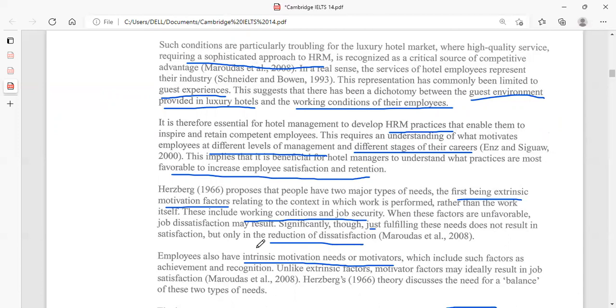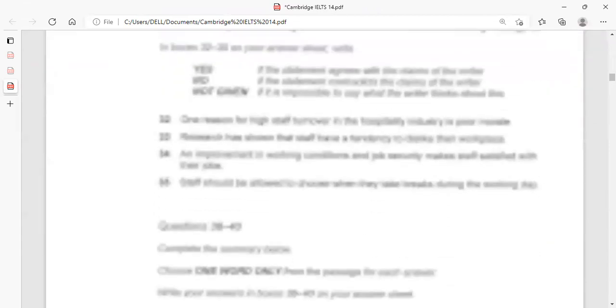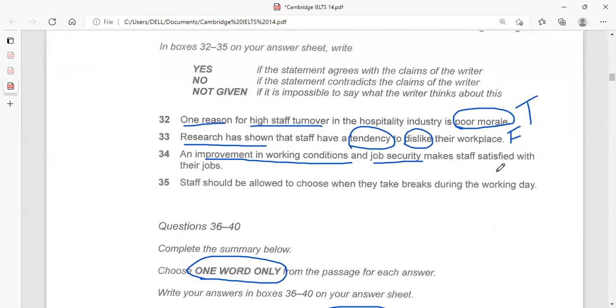So if you just improve the working conditions or enhance job security, it does not mean that the employee will be satisfied, because there are many other criteria that have to be taken care of. So I think this should be false. Are you seeing how tricky and twisted it is? Quite tricky.